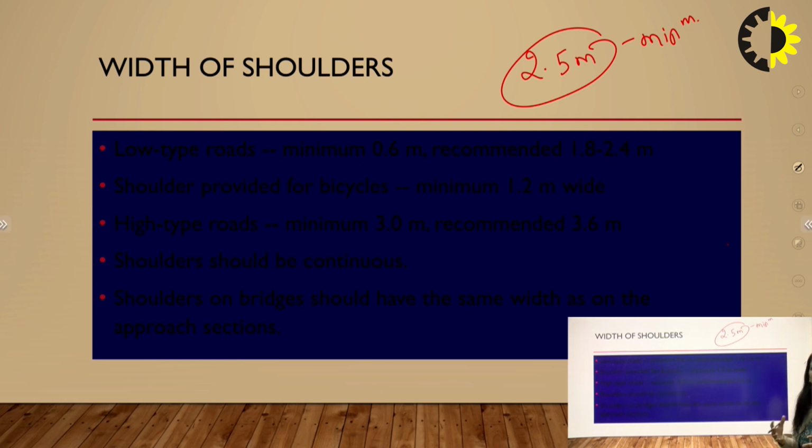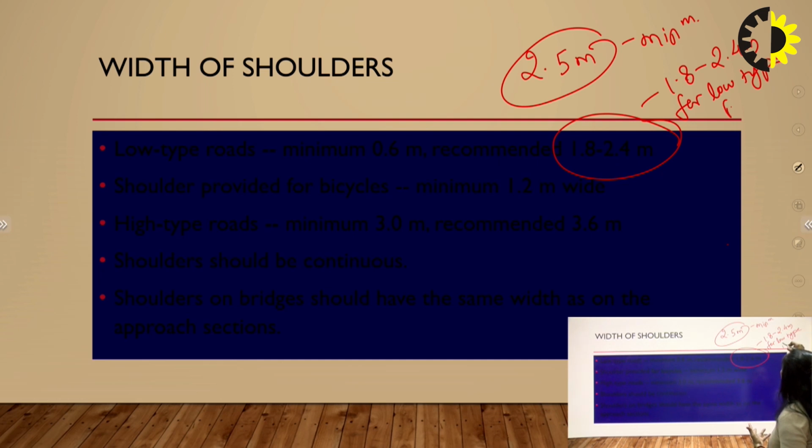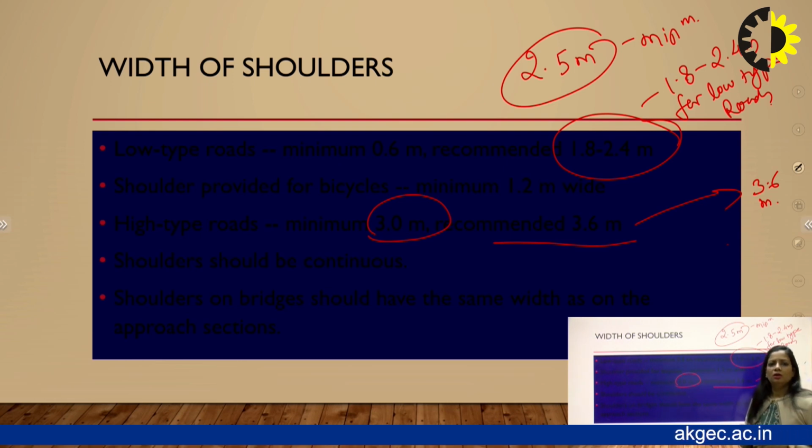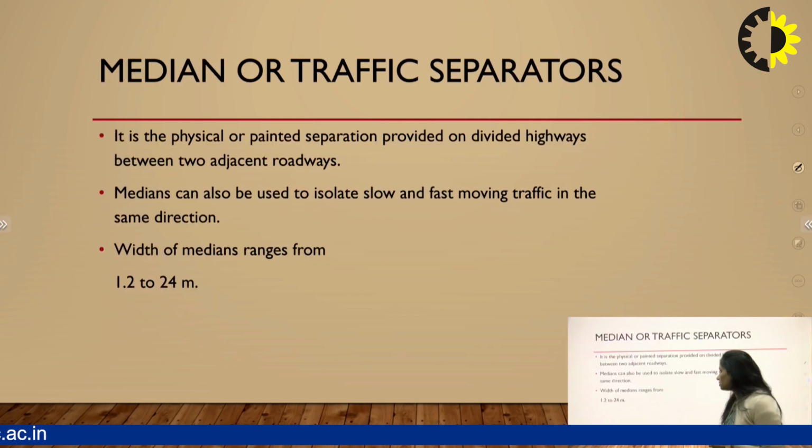Okay, for low type roads a minimum of 0.6 meter may be provided, or the range may be 1.8 to 2.4 meter. Okay, and for high type roads, a minimum of 3 meter is recommended, maybe 3.6 meter. Okay, obviously shoulder should be continuous. There must be no unevenness during the designing of any kind of shoulder. And so this is all.